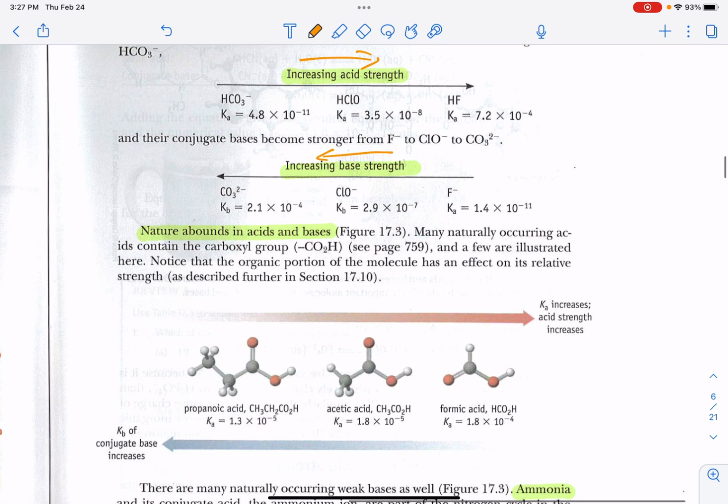And it's interesting to note that nature has lots and lots of acids and bases, especially weak acids and weak bases. Strong acids and strong bases very readily dissociate, and as a result, those ions typically are going to find other ions to make salts out of.